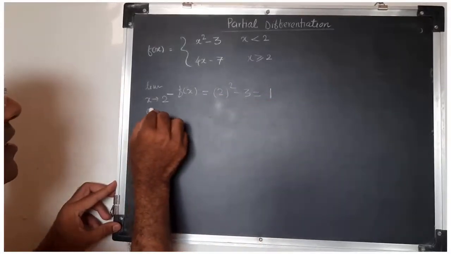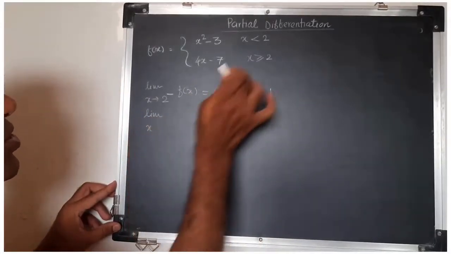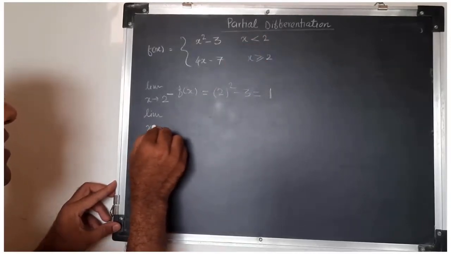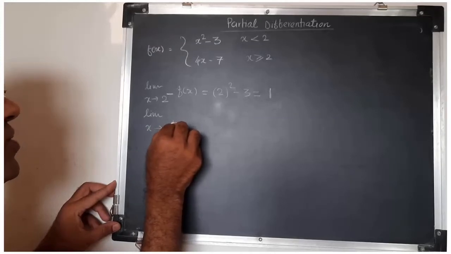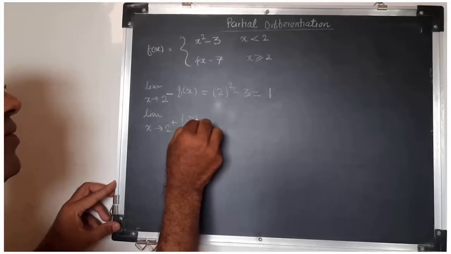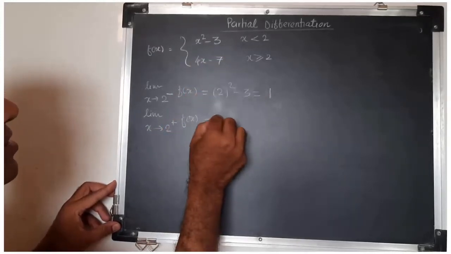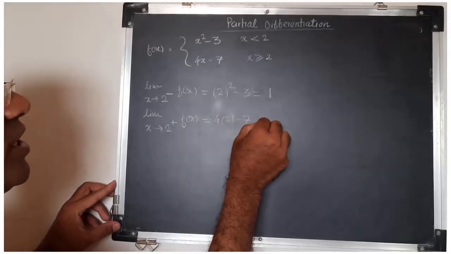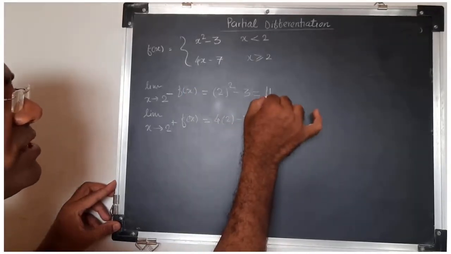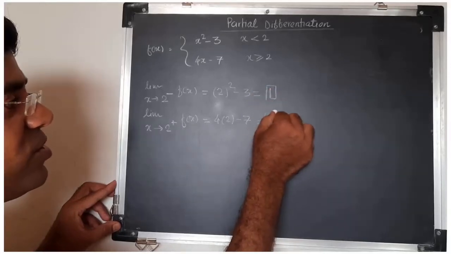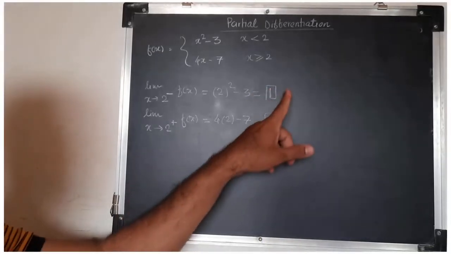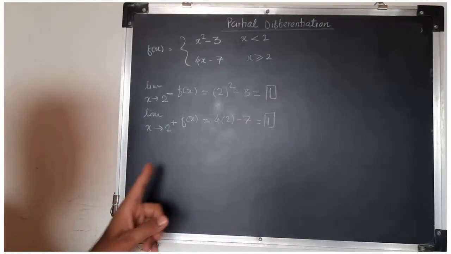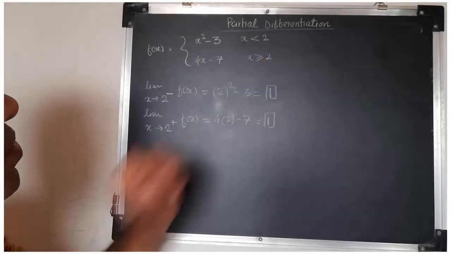Then I take the limit as x approaches 2 from above, where f of x is 4 times 2 minus 7, so 8 minus 7 is 1. Now see, here is 1 and here is also 1, which means you get a constant value. Now we want to check at x equal to 2.